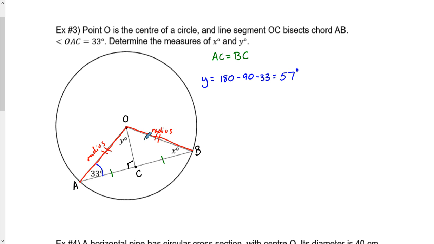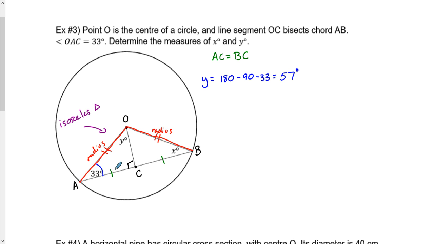Now we just have to solve for angle X. Well, the beautiful thing about angle X is it's contained between this red side, this radius side, and the bisected chord, the green side. Well, this angle is also contained between the radius and the bisected side. This entire triangle is what's known as an isosceles triangle.